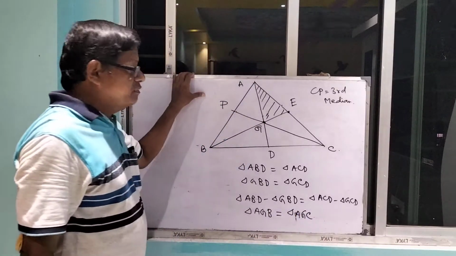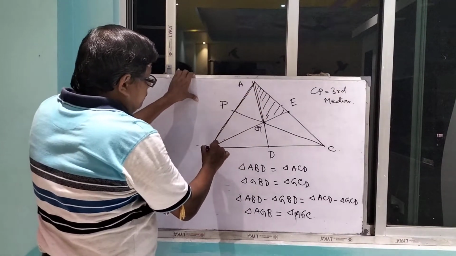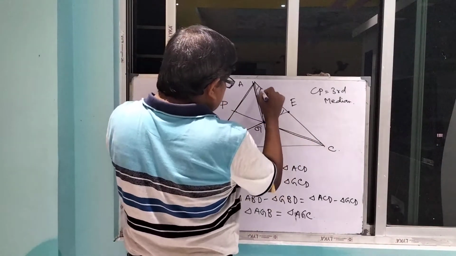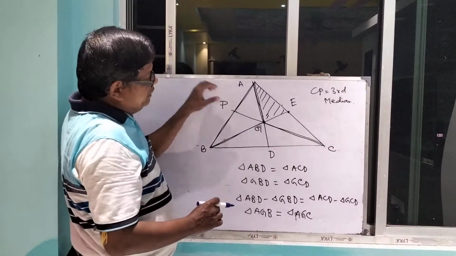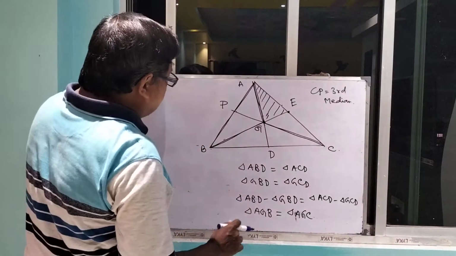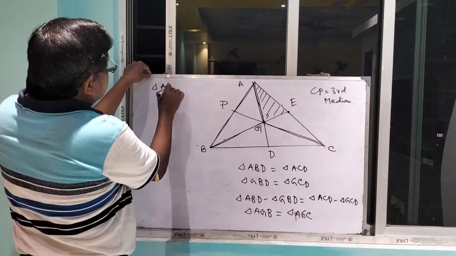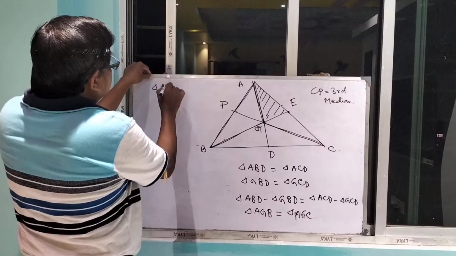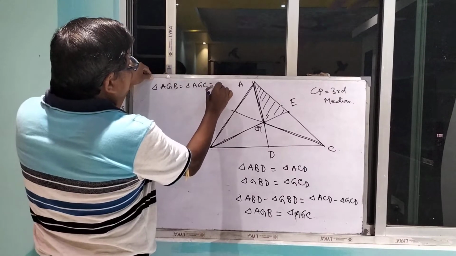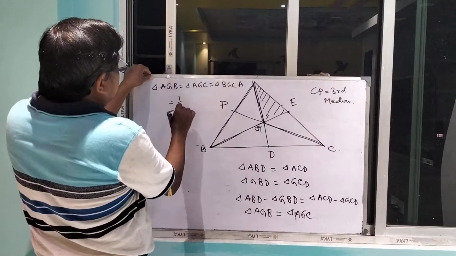Similarly, BGC equal to AGC and equal to AGB. So triangle AGB equals triangle AGC equals triangle BGC. So the three triangles together make the whole, and each is 1/3 of triangle ABC.